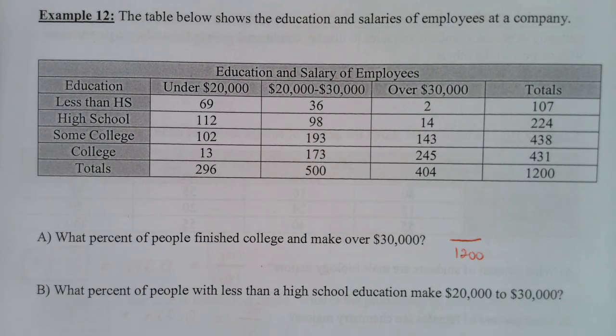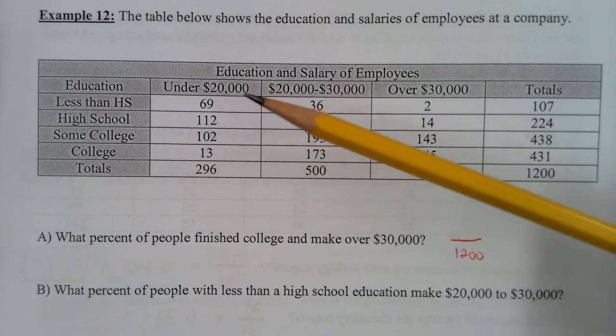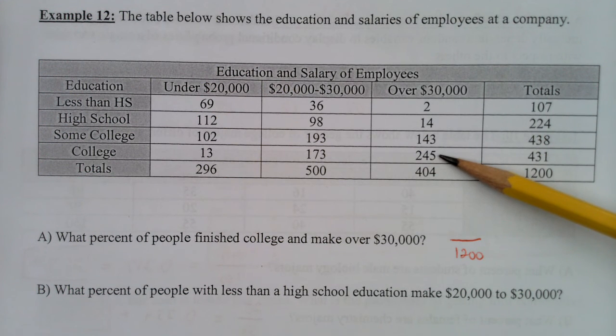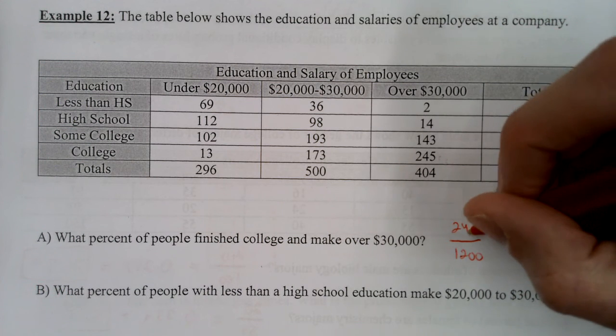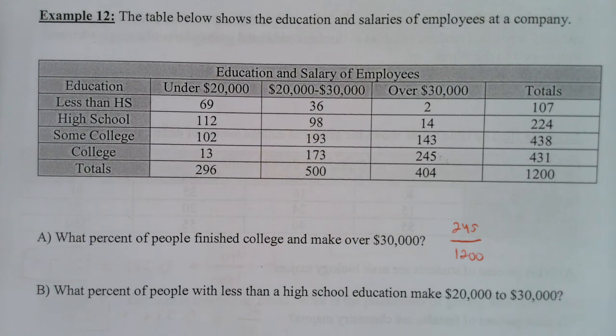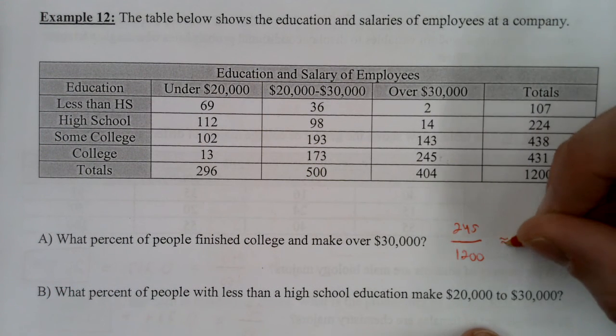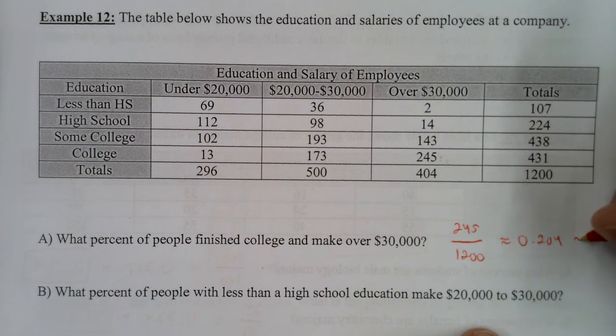What percent of them finished college and make over 30,000? So it'll be 245 out of 1,200. That's going to give you 0.204, or 20.4%.